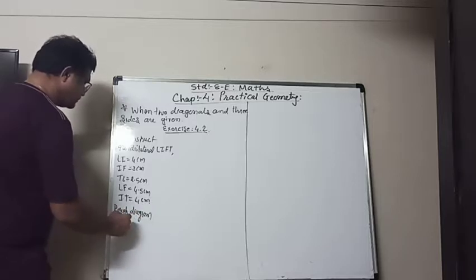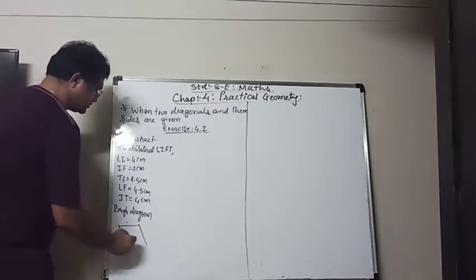So for the quadrilateral, we can draw any type of quadrilateral in it. 2 diagonals are given.